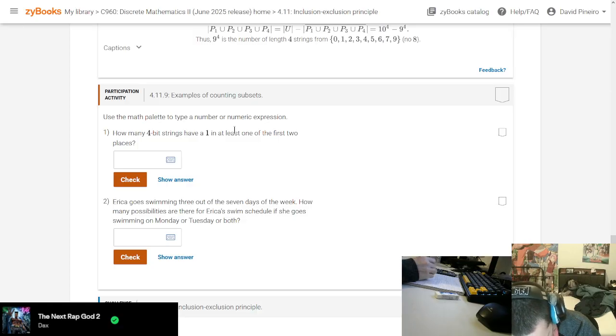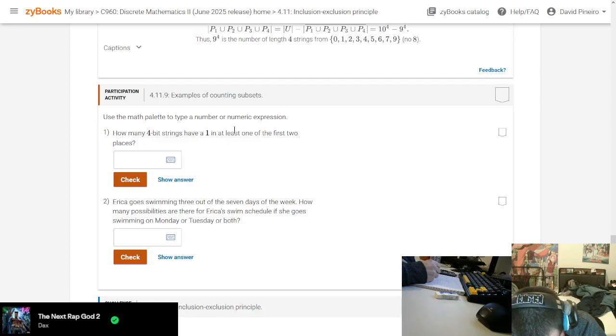So the first thing is, if there was a 1 in the first place, how many strings is that? That's literally 2 to the third, right? 2 to the third. And the second thing is also 2 to the third.